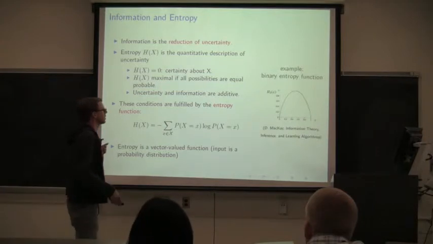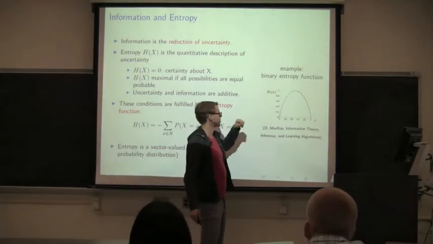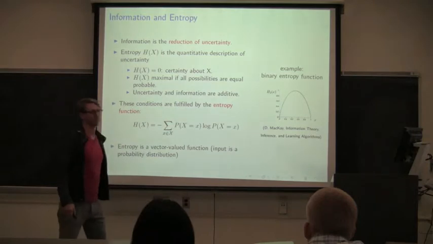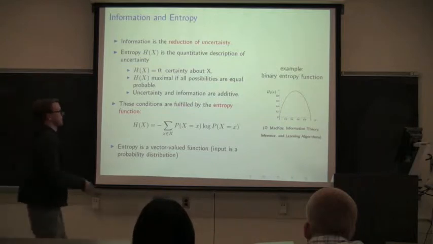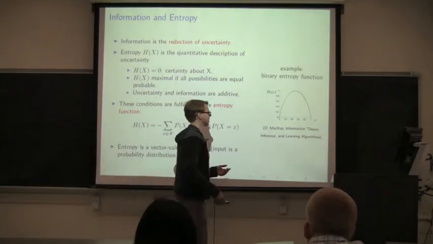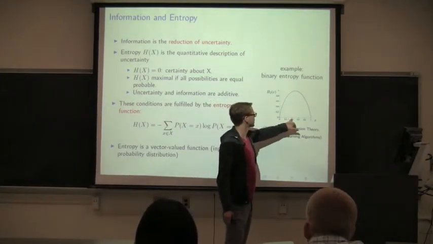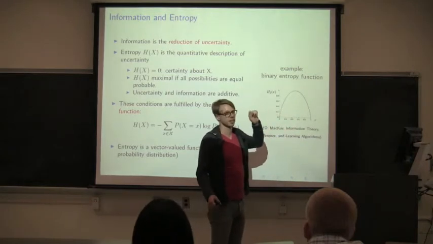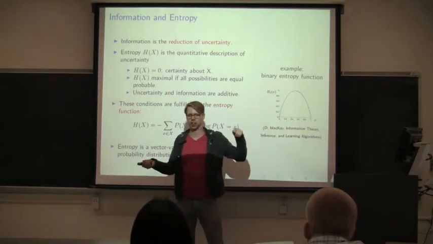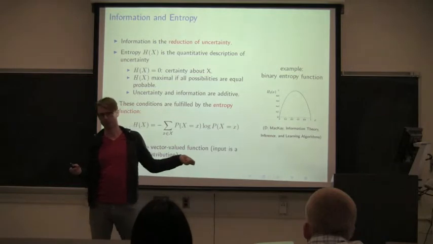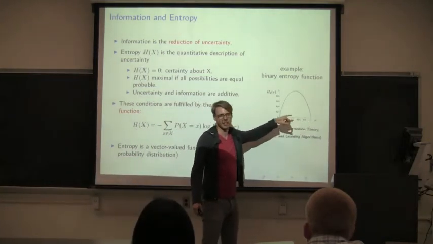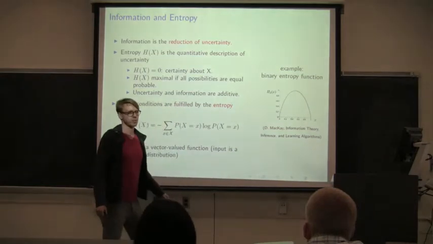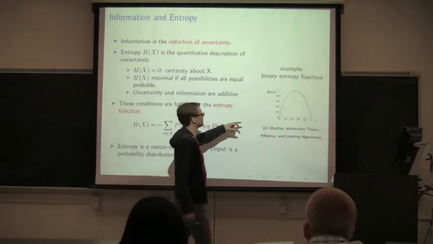Here's an example for the binary entropy function. The random variable x can take just two values, either 0 or 1. If you have two values, the probability of observing the other is just 1 minus the probability of observing the first. So we only need one input to describe it, because the other one is deterministic.